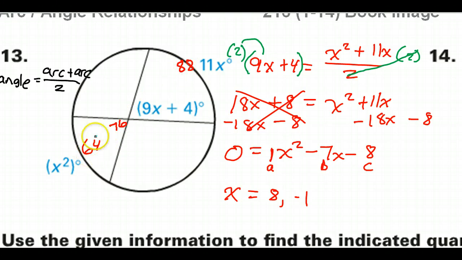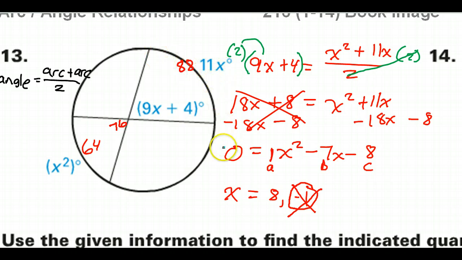So that makes sense. I didn't get any negative numbers or anything. But I can tell that this negative 1 is going to be extraneous. It's going to be invalid because of this one right here, for example, which is the most obvious. If I let x be negative 1, then that's going to make this negative 11 degrees.